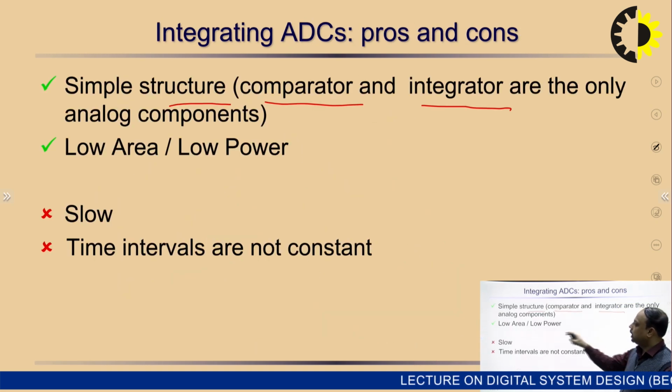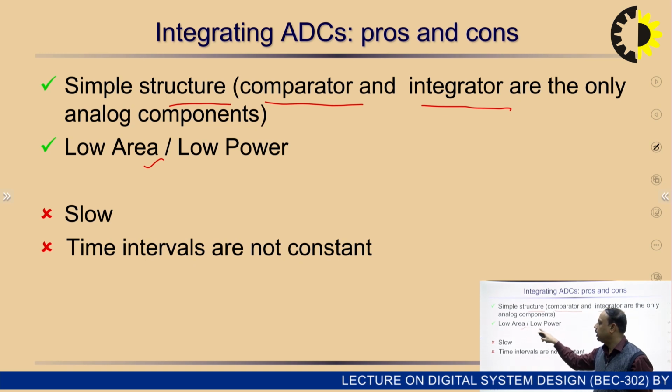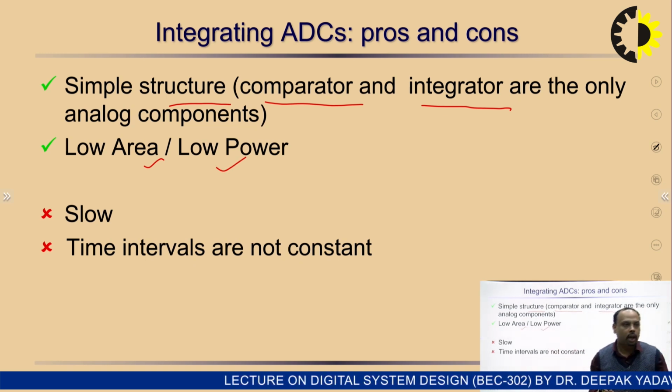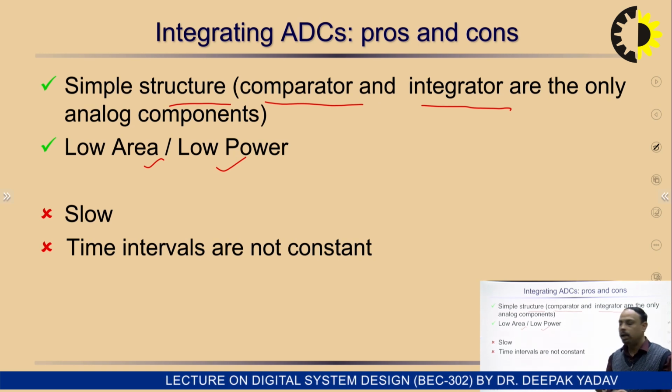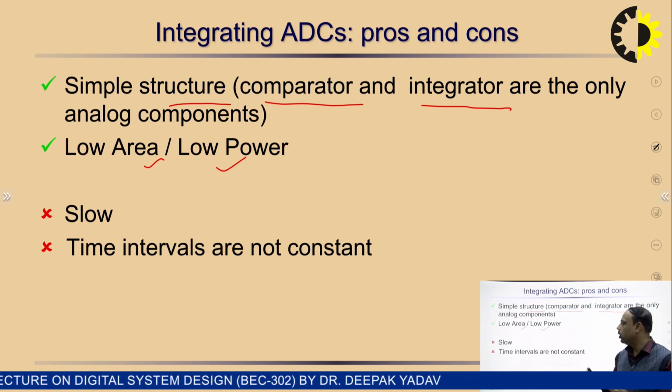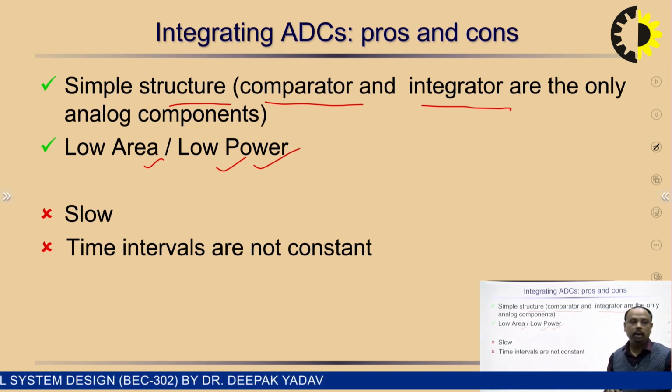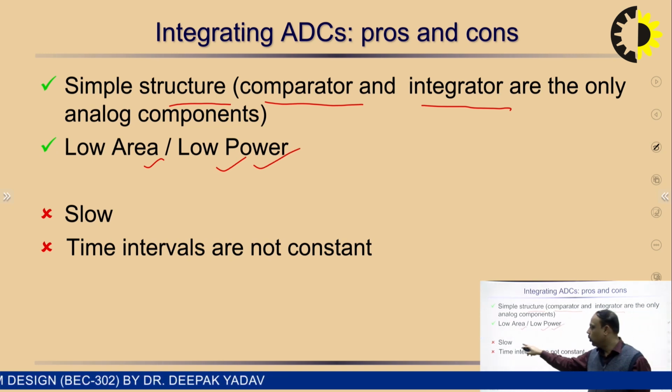Another advantage is low area and low power. As very few circuits are used, only one counter, one control system and two 741 ICs, the area occupied on the chip is very small, and as the components are minimal, it takes very little power.